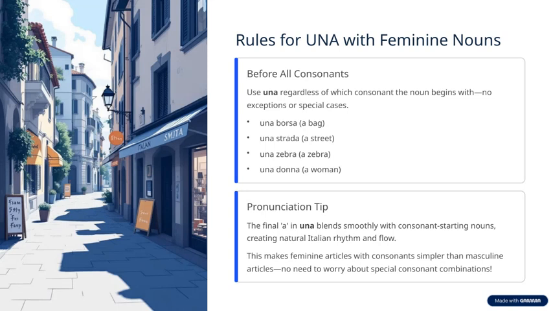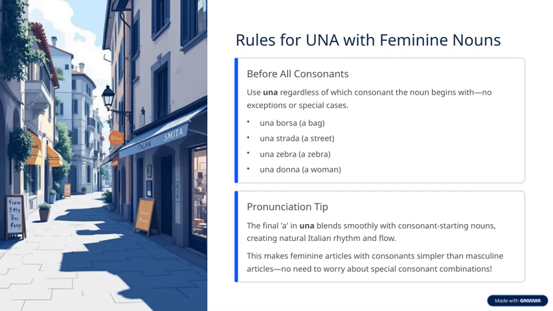Now let's talk about the rules for una when it comes to feminine nouns. First, before all consonants, you always use una, no matter which consonant the noun begins with. There are no exceptions or special cases here. For example, you say una borsa for a bag, una strada for a street, una zebra for a zebra, and una donna for a woman. A helpful pronunciation tip is that the final a in una blends smoothly with the consonant-starting nouns.